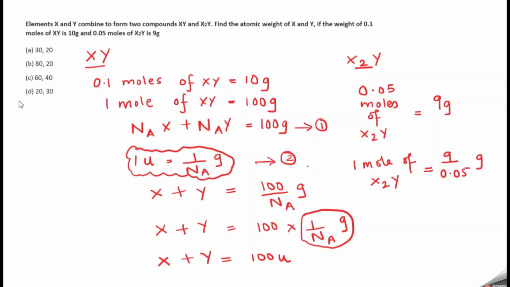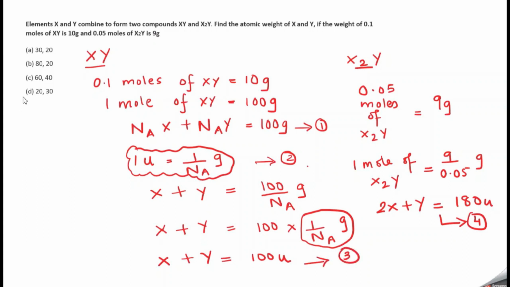So similarly, as in XY, I can write 2x plus y is equal to 180 U. This is my equation 4, and this is my equation 3.